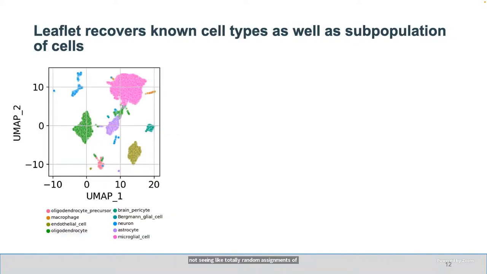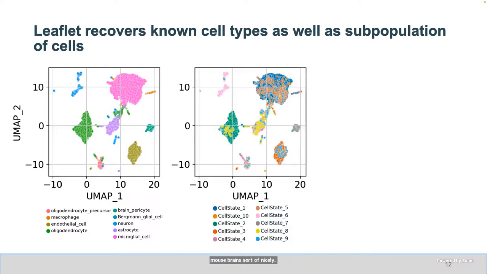So that's good. But what else can we learn using Leaflet? If we focus on the same 8,000 cells from the mouse, in this case this representation was made using total gene expression, which is what is most commonly done. We can see the different cell types in the mouse brains nicely separated. But on top of this, we can now also add the cell state assignments that we get from Leaflet, on top of the total gene expression representation.